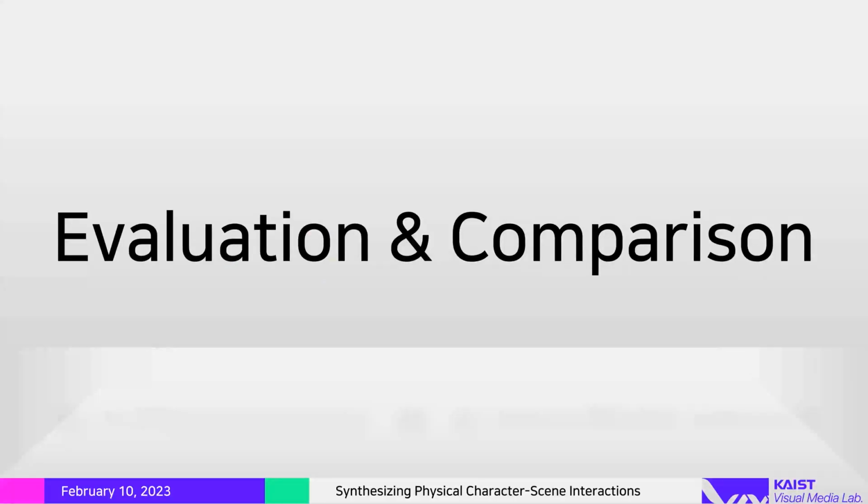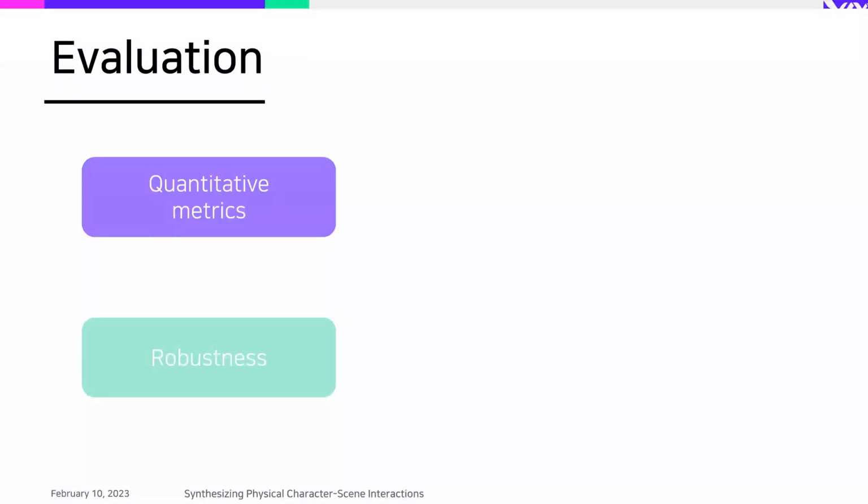Now I'll introduce the evaluation metrics they provided. To evaluate their method, they conducted 2 different evaluations: measuring quantitative metrics for each task and studying the robustness of their policy to external perturbations.